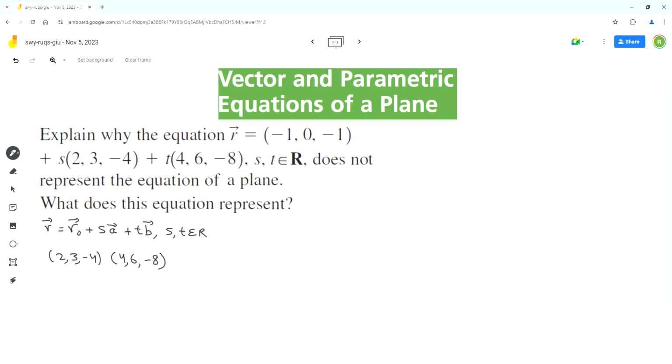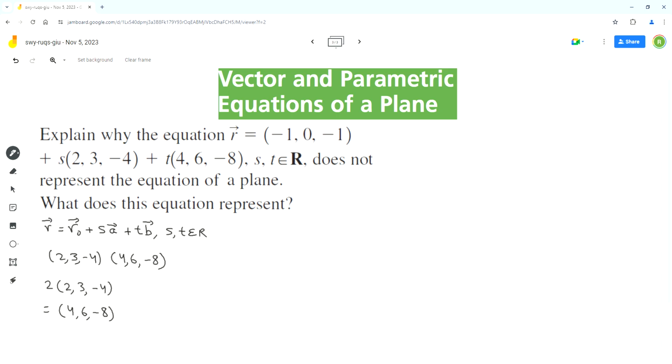If we multiply each component in the first vector by 2, we get vector (4, 6, -8), which is the other direction vector in the equation of the plane. So that means the given equation does not represent a plane. This is a very important concept we need to understand and memorize.